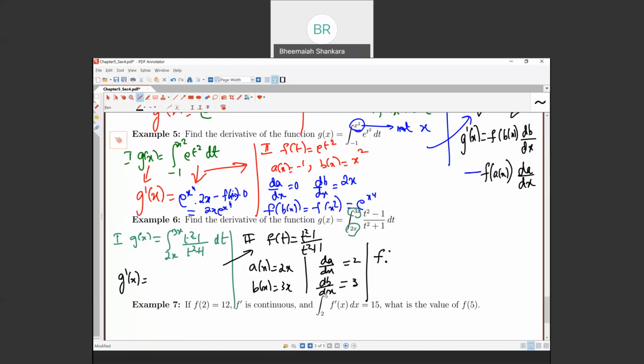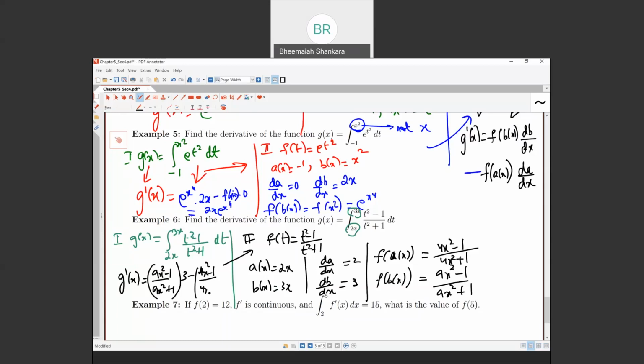Then evaluate the function at b of x and at a of x. The upper one will be 9x square minus 1 divided by 9x square plus 1, and the lower one will be 4x square minus 1 over 4x square plus 1. So plug those into the formula for g prime. You have 9x square minus 1 over 9x square plus 1 times 3, minus 4x square minus 1 over 4x square plus 1 times 2.